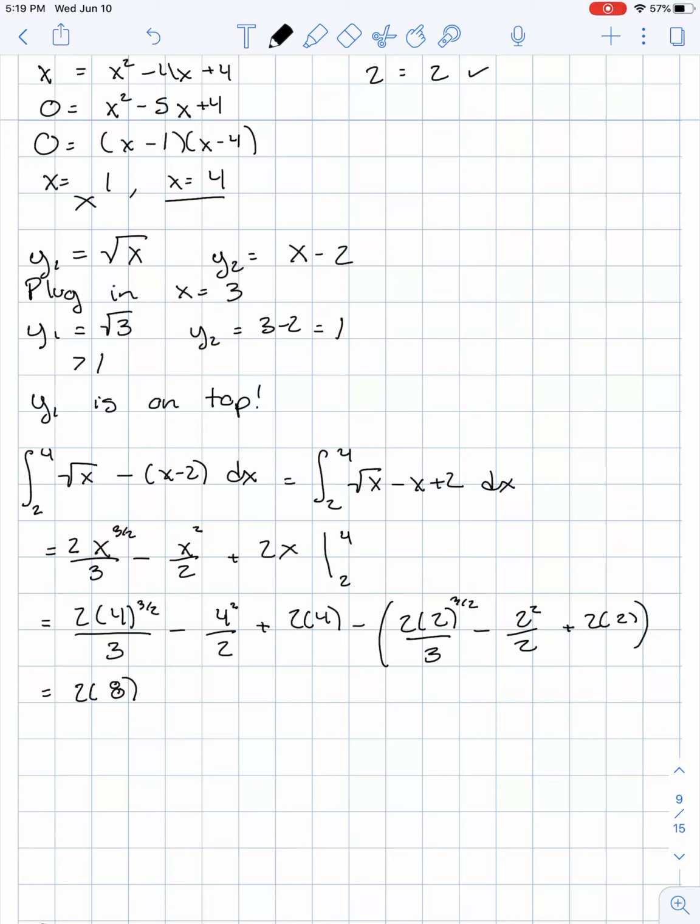Cubing 4 and then taking the square root of that is difficult, so I don't recommend doing that. 4 squared is 16, divided by 2 is 8, plus 8, minus, I know that this is 4 square root of 2 over 3, minus 2 squared over 2 is just 4, plus 4. It's crazy, those things cancel out.